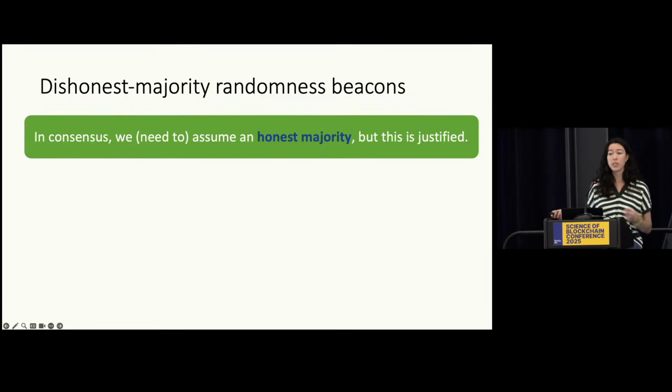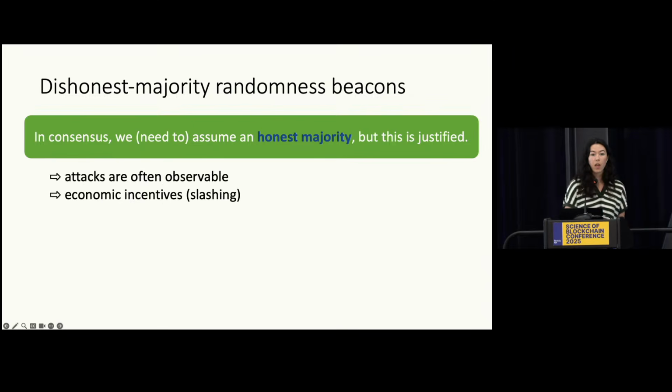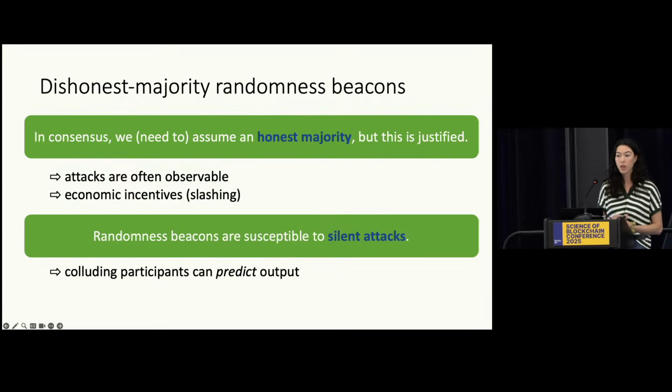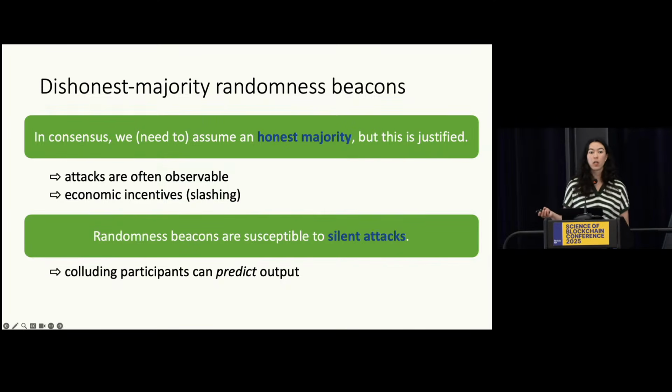Well, there are several reasons why this assumption is okay for consensus, but less comfortable for randomness beacons. One reason is that in consensus, attacks are often observable. So this lets us impose financial penalties on parties who deviate from the protocol. On the other hand, attacks against randomness beacons are often silent. In one kind of attack, colluding participants can predict the output without changing their behavior in the protocol at all.